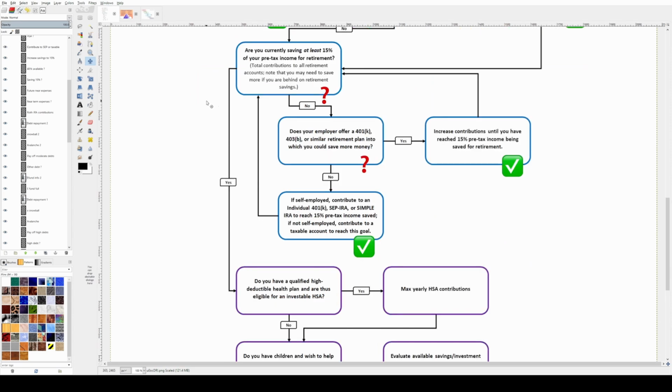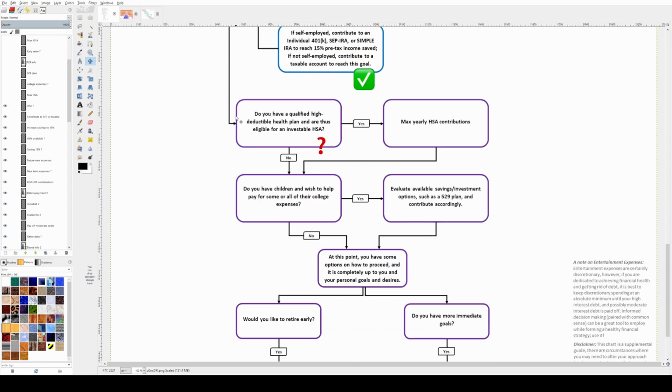And so scrolling down a bit, as you can see, the purple box is step 6. So if you are saving at least 15%, you can move on to the final stage. Congrats. So here our question is, do you have a high deductible health plan and thus are eligible for an investable HSA? If you do, then the next suggestion is to maximize that HSA contribution, which I think is generally a good idea.